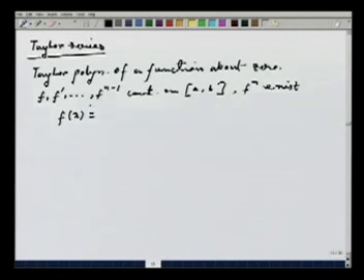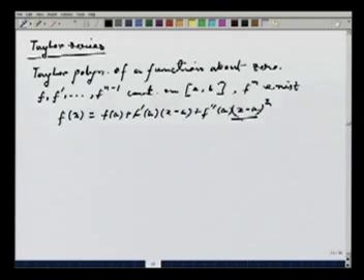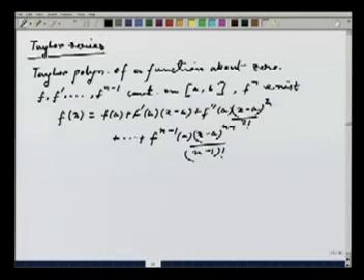equal to f(a) plus f prime(a) times (x minus a), plus f double prime(a) (x minus a) whole square by factorial 2, and so on, plus f^(n minus 1)(a) (x minus a) to the power n minus 1 by (n minus 1) factorial, plus the last term, that is f^(n).